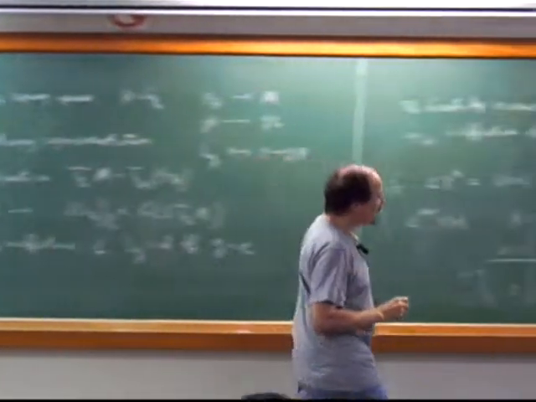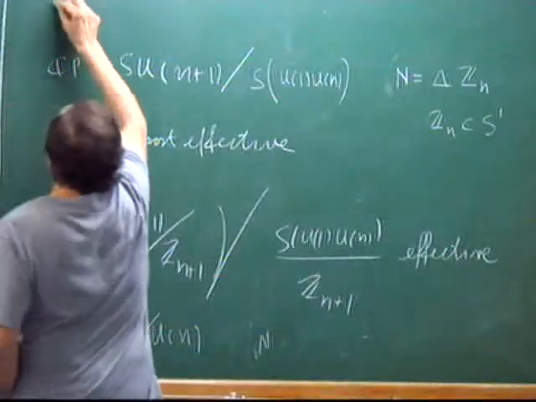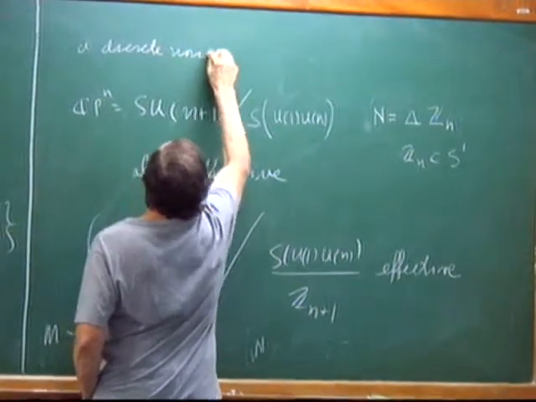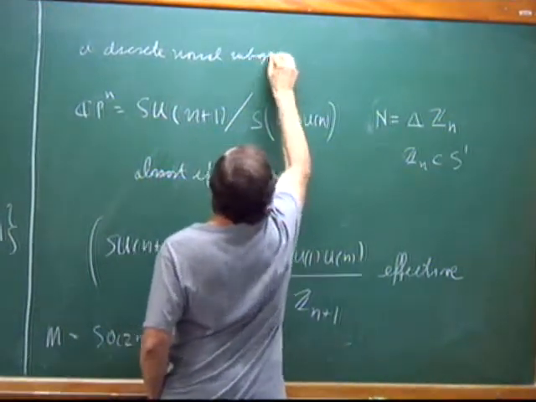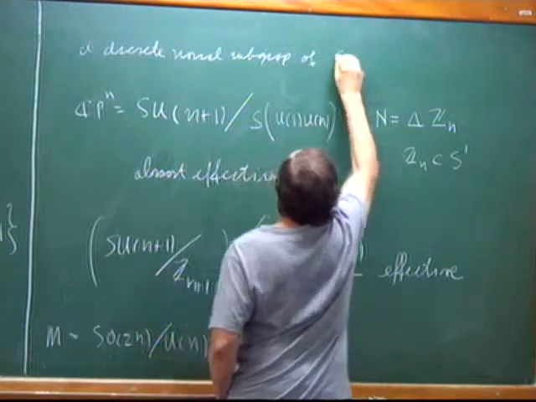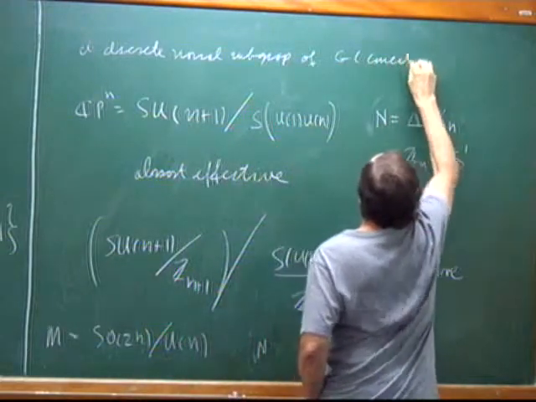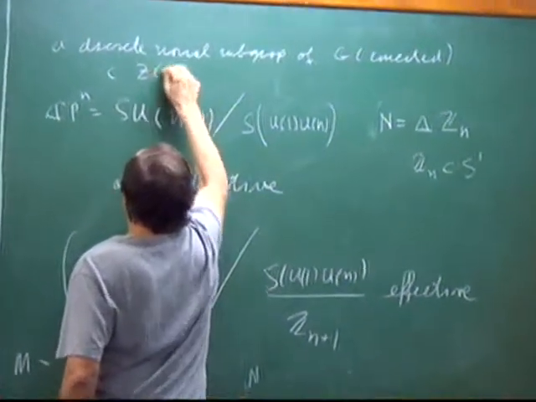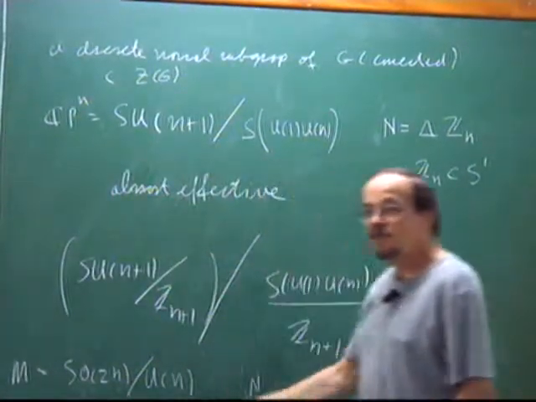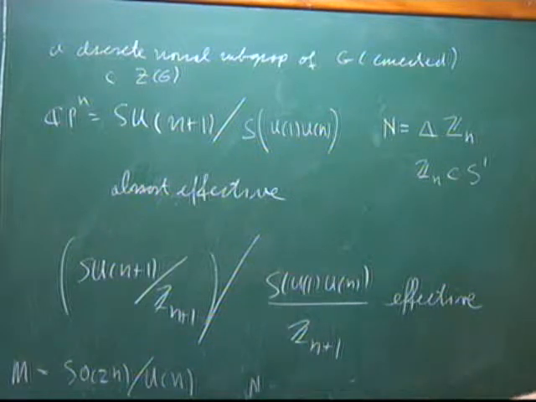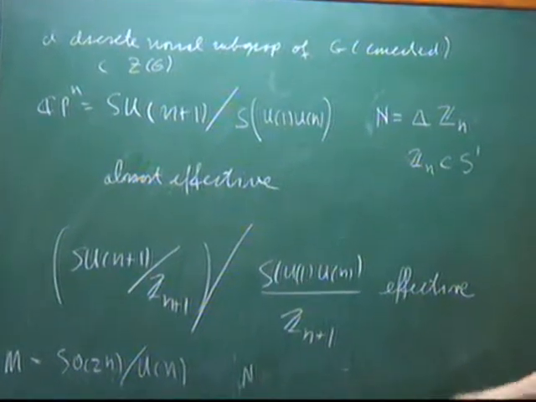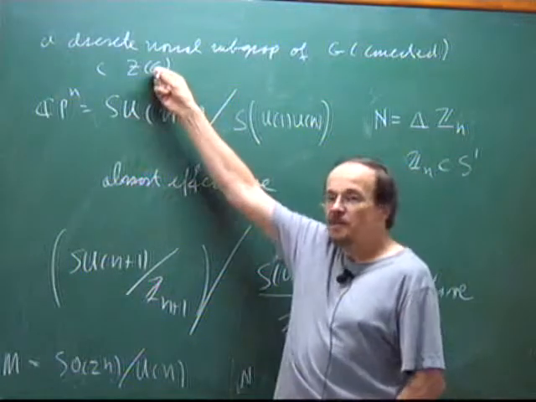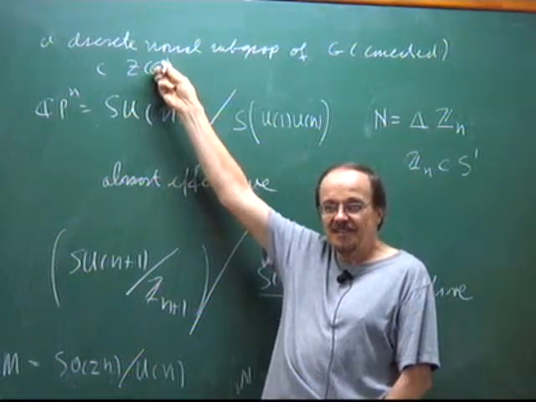Right? So there was a general fact: a discrete normal subgroup of a connected group G is contained in the center of G. The ineffective kernel is a discrete normal subgroup. It's almost effective. It must lie in the center. So all I have to do is test the center. I look at the center of G, and the question is, does it lie in H?